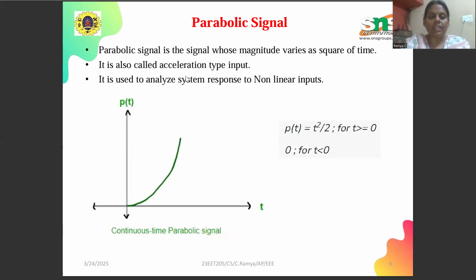It is also called the acceleration type input, and it is used to analyze the system response to nonlinear inputs. Here we are representing the response p of t, which is equal to t square by 2 for t greater than or equal to 0, or else for t less than 0, the output response becomes 0.